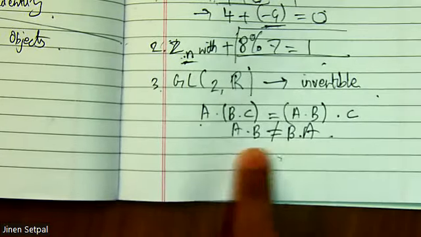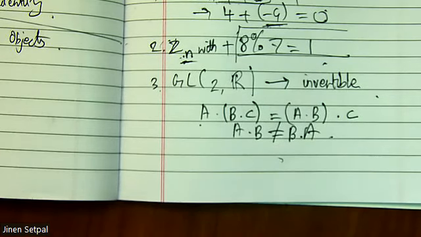But since the commutative property is not defined within a group, we don't need to worry about it.